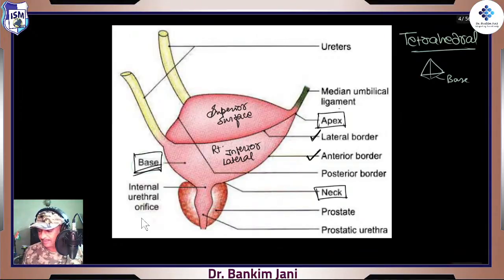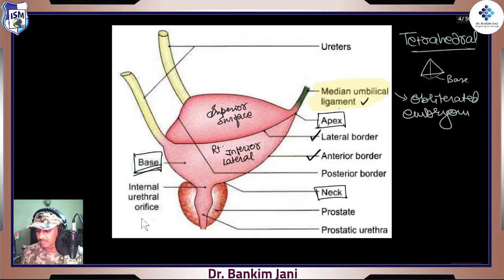And this is that famous median umbilical ligament, right? Who gained so much attention yesterday, right? We talked in detail about it. I hope you remember what it was. Just to recollect, it was that obliterated embryonic urachus, right?